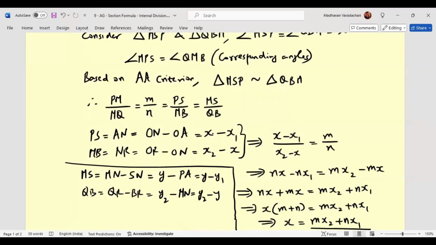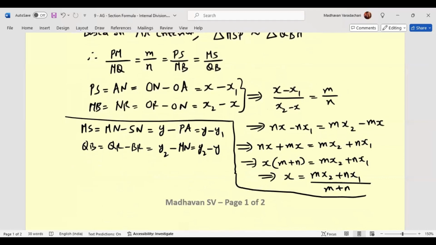So QB is y2 minus y. Therefore, we can say MS divided by QB, which we know is (y minus y1) by (y2 minus y), will be equal to m by n. Cross multiplying, we will have ny minus ny1 is equal to my2 minus my.